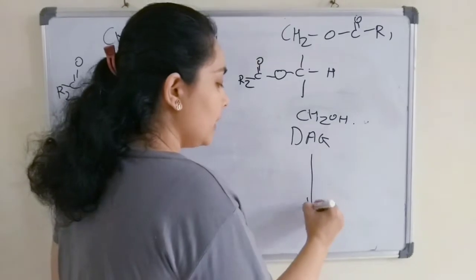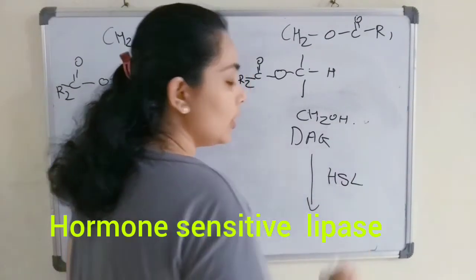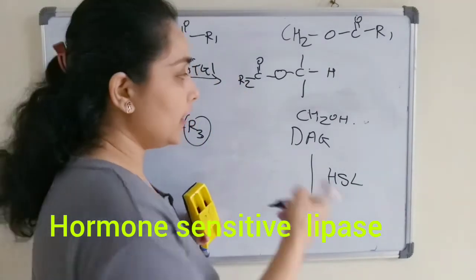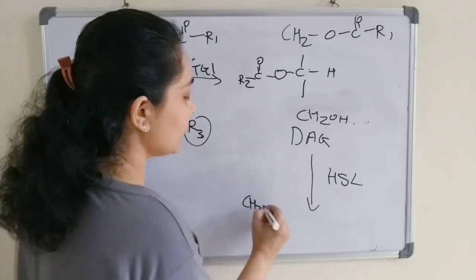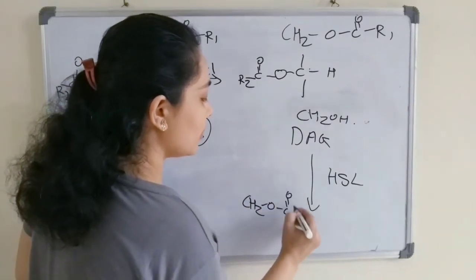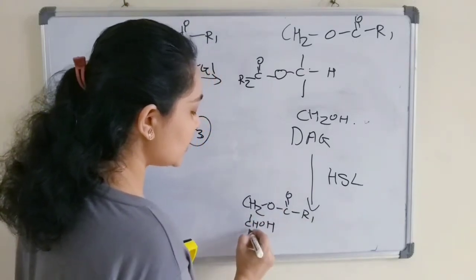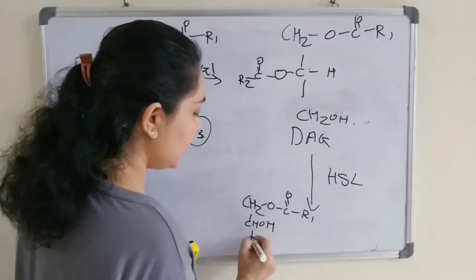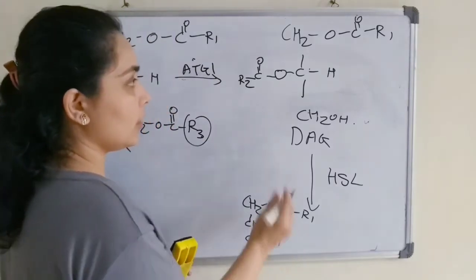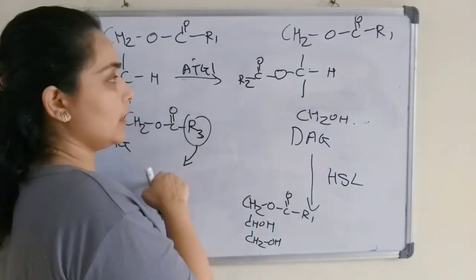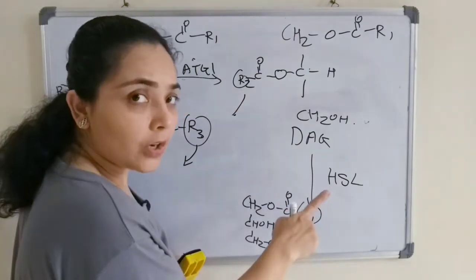Now another enzyme will come, that is hormone sensitive lipase, and it will release the 2nd fatty acid. So the structure we will get here: R1, CHOH and CH2OH. First one fatty acid, then the second fatty acid, so we will remain with only one fatty acid here.